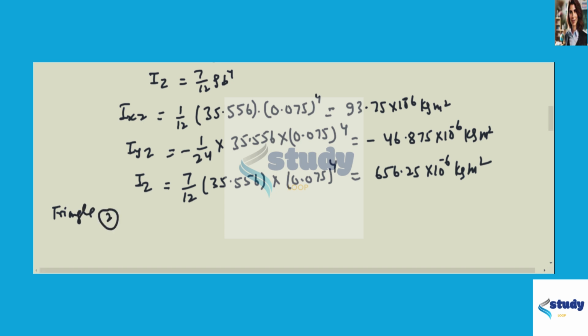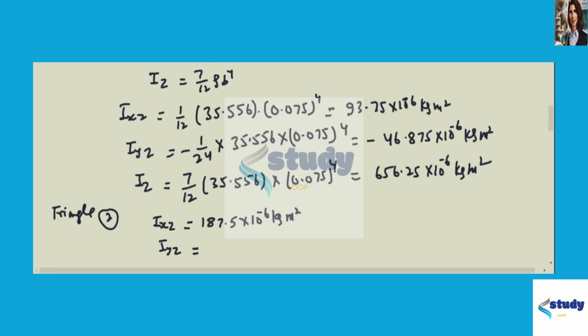for triangle 2, similarly triangle 3, and the summation of all these. For triangle 2, I am writing directly all three values; you may solve yourself. Ixz you will get 187.5 10 to the power minus 6 kg meter square.